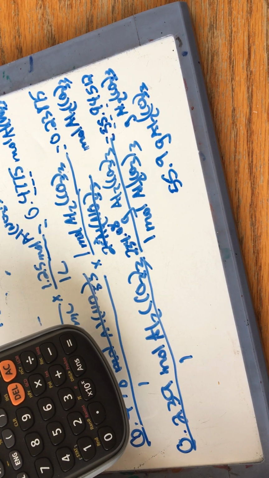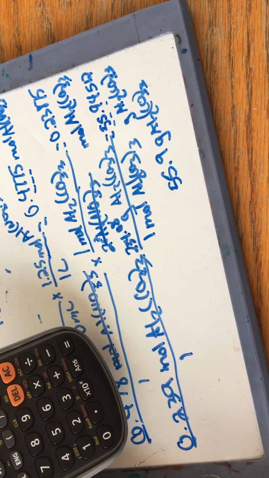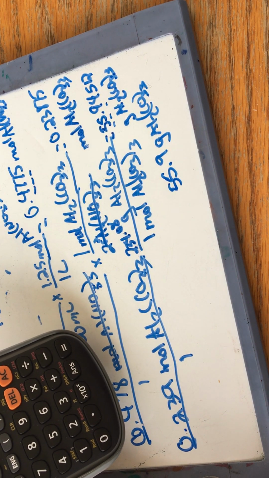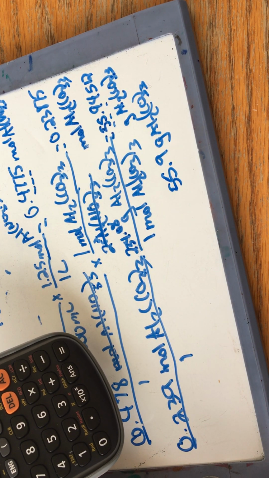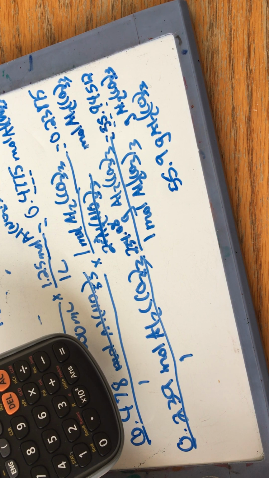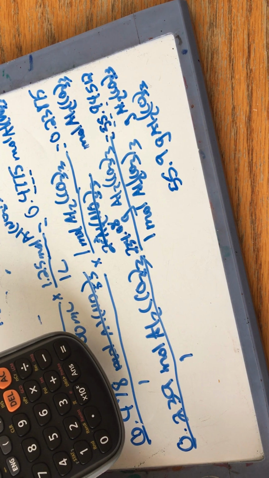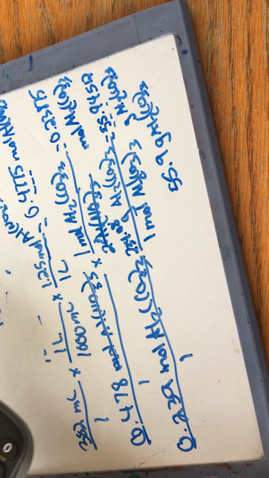Let's see how I did that and what I did wrong, if I did anything wrong. I say 296. Oh, sometimes I have different numbers too.